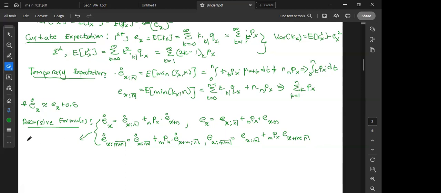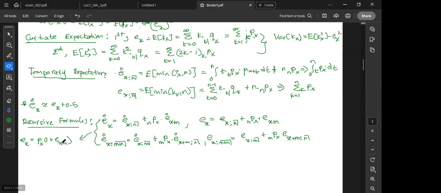So using these two, I can refine another one. The concept is, if I have a current life expectation, then surviving for 1 year's probability times 1 plus the expectation at x plus 1. So this says the current expectation of a person at age x, and if that person survives for 1 year, at that point I can start another expectation because the life has survived 1 more year.